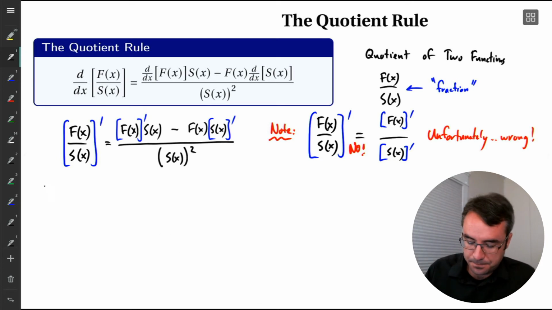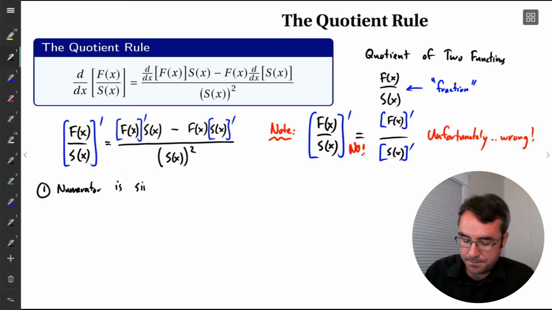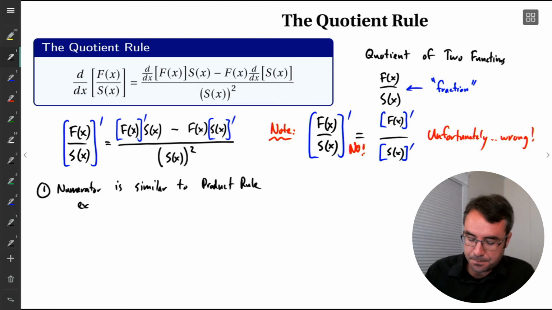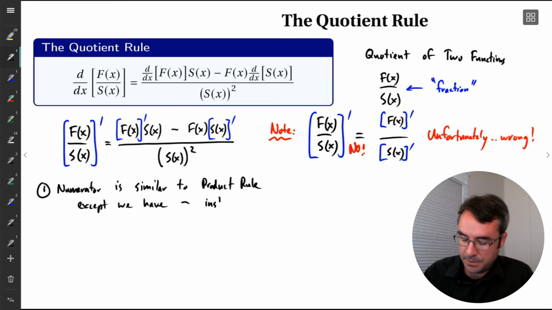So the numerator is similar to product rule. Not quite. It's a little different. We have that minus instead of a plus.